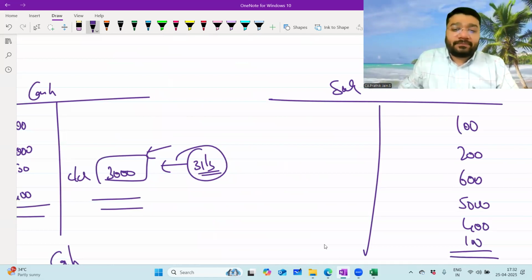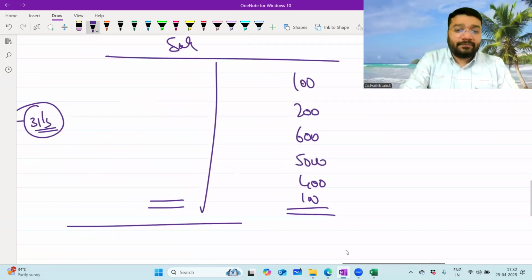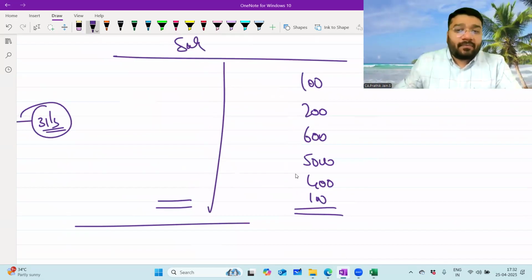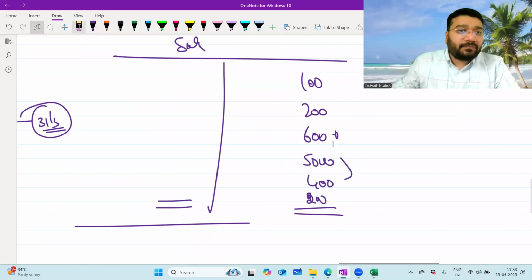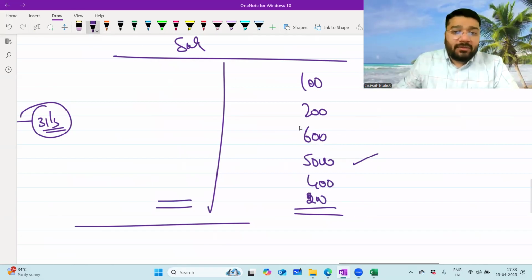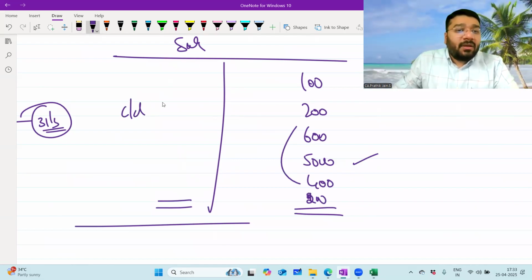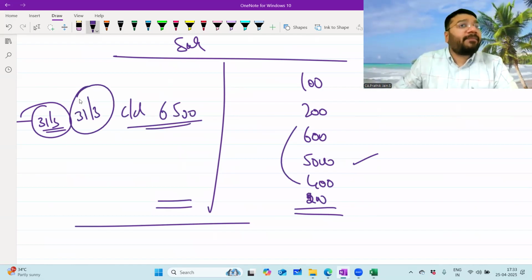What is the total? 5,000, 6,000, 6,500. 6,500 is the closing balance as on 31/3.